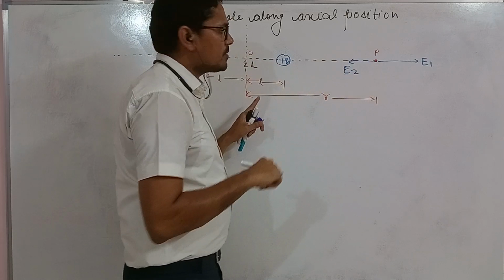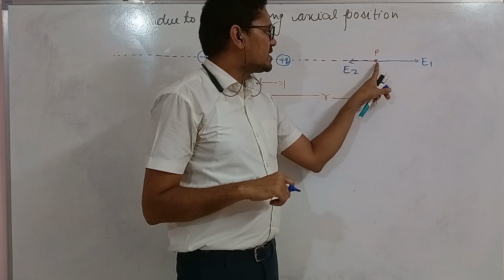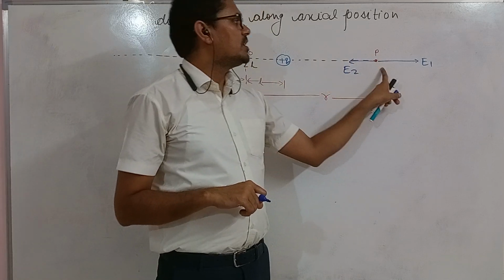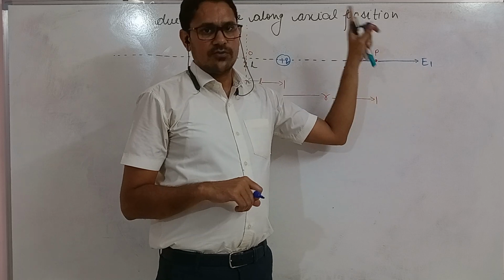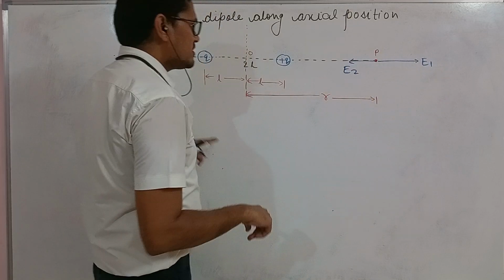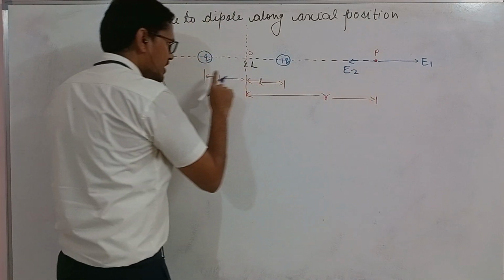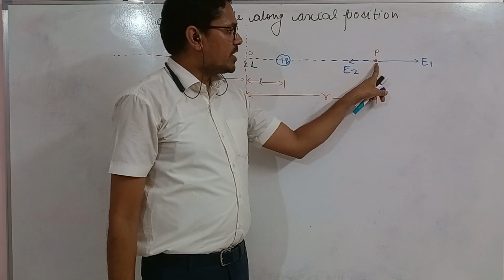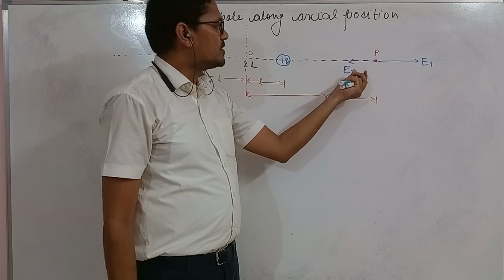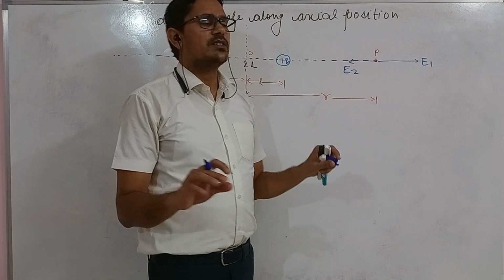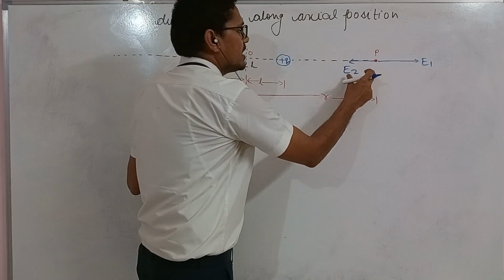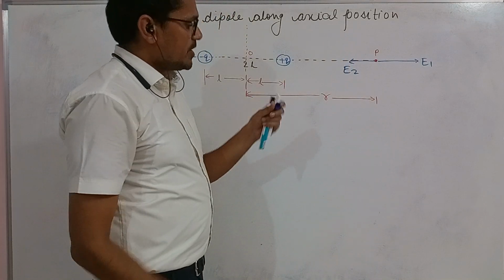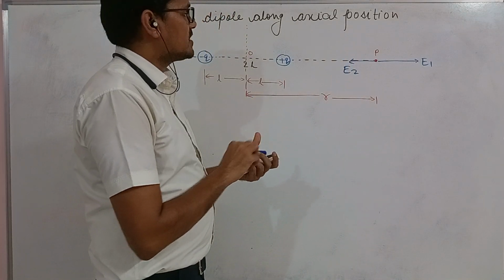So the electric field at point P due to this plus Q charge would be stronger and rightward. As the point P is farther away from the negative charge, the electric field produced at point P due to the negative charge would be smaller. It would have a little weaker strength. That's why I made this E2 a little smaller. Now at this point P, I need to find the net electric field.